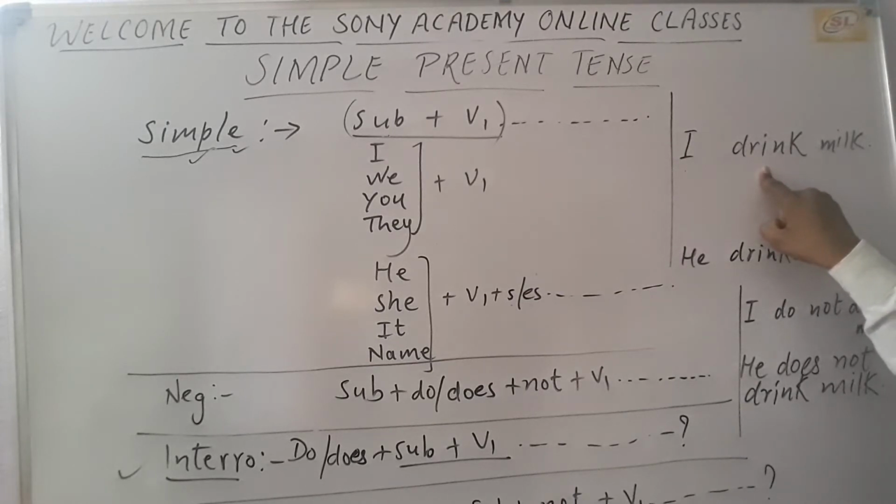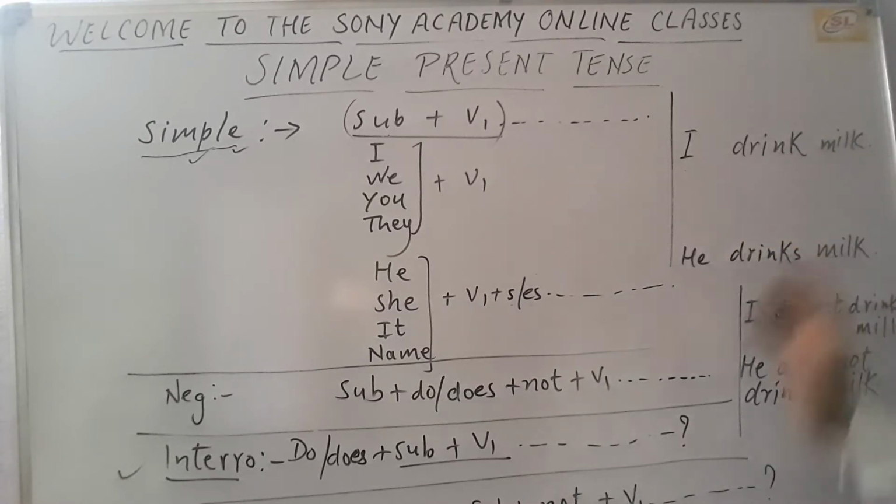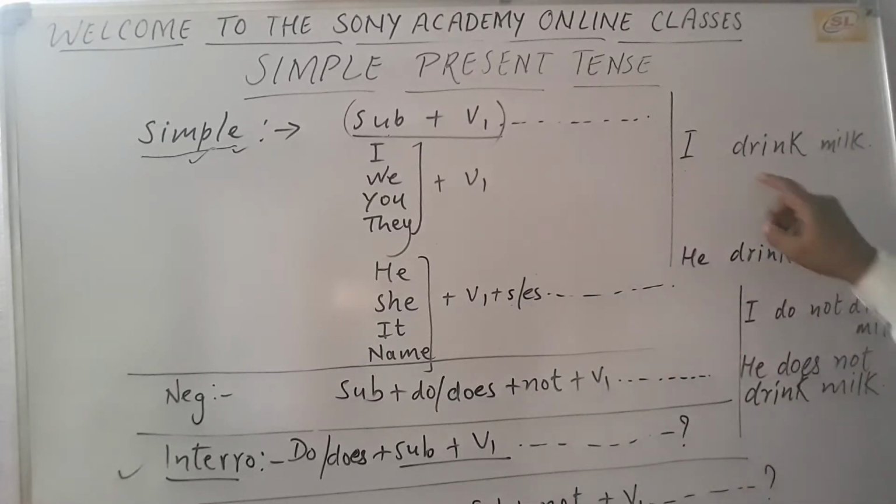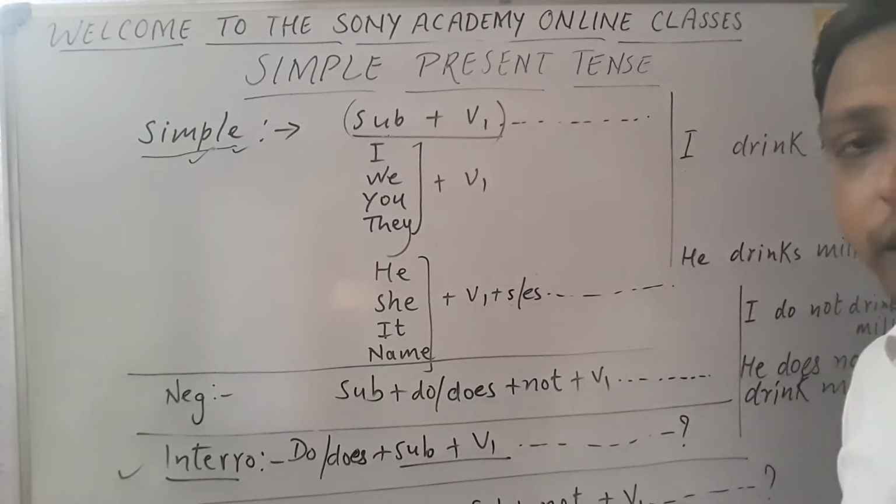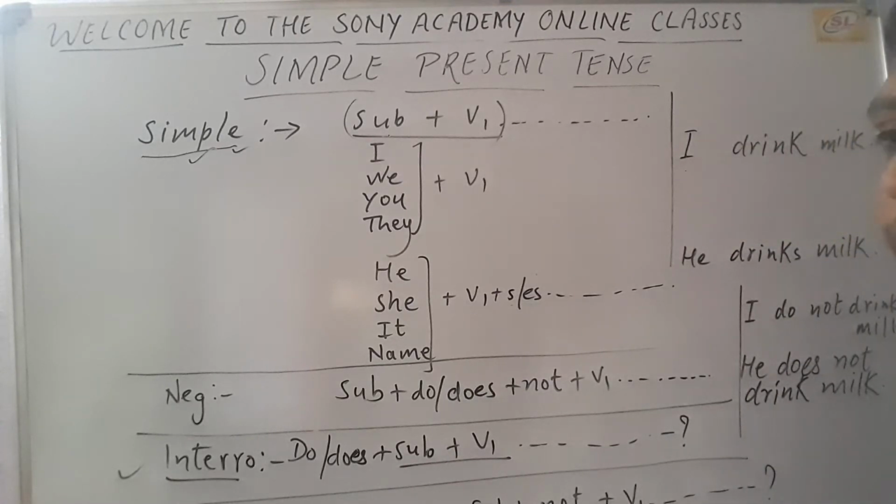Object is just the word which comes just after the verb. I drink milk. You could say I drink coffee. I drink tea every morning. You can add words just after the verb. So the sentence is complete.